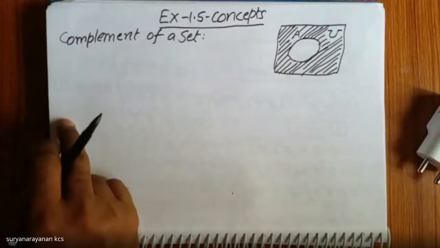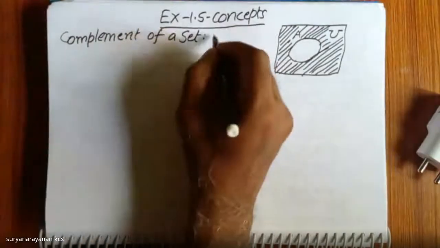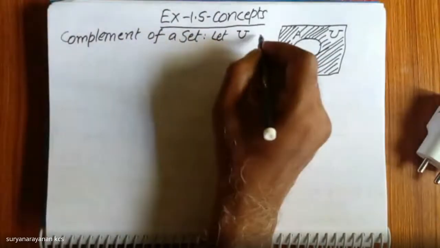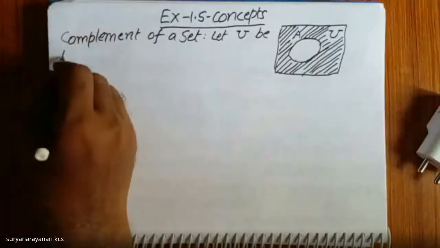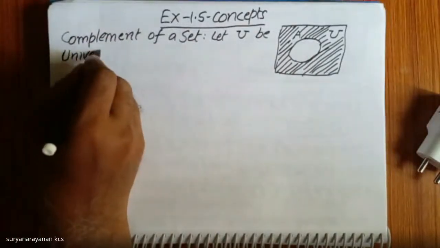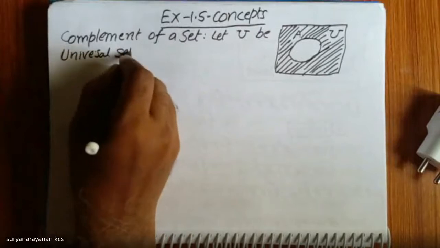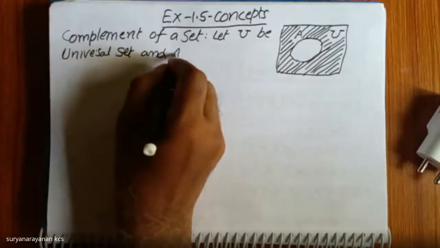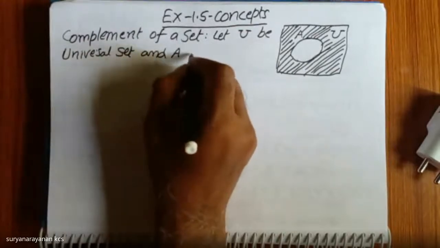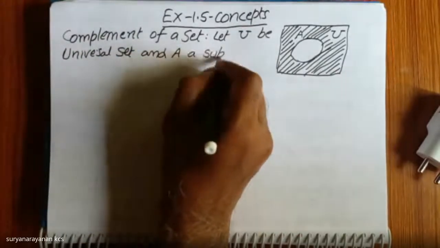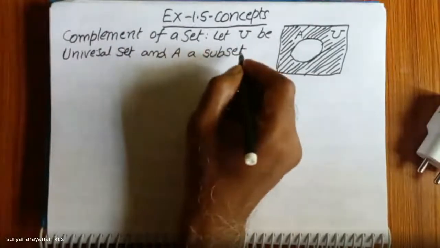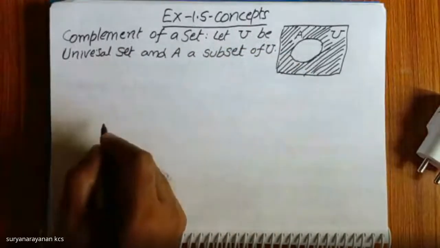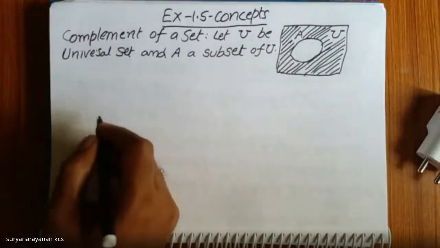What is the formula? Let U be the universal set and A a subset of the universal set.